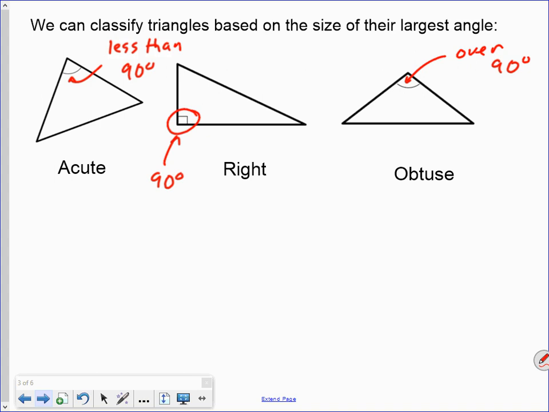The one that we're going to be interested in most often is the right angle triangle. Basically, we're going to want to figure out whether a triangle is a right triangle or not. The key to classifying these is that if a triangle is a right angle triangle, and we look at these two sides here and here, these two sides are perpendicular to each other.